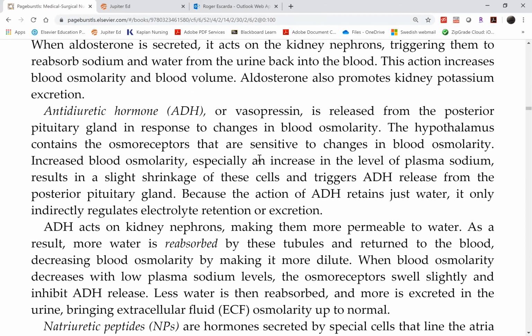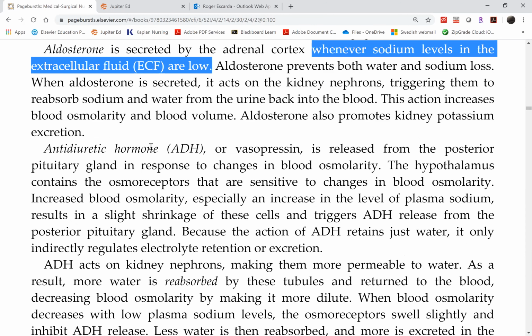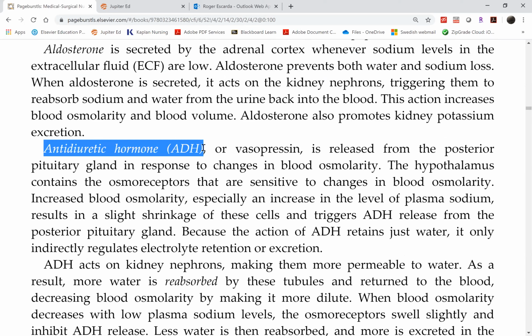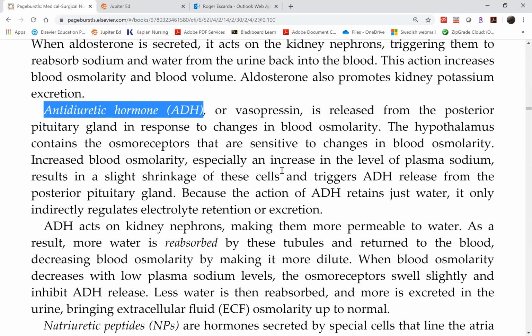Another hormone released is antidiuretic hormone. Unlike aldosterone though, this hormone only acts on water. It does not directly affect sodium levels. In the same way, this will also act on the kidneys, telling the kidneys to reabsorb water, but only water. There are normal times in the day that we produce this hormone.